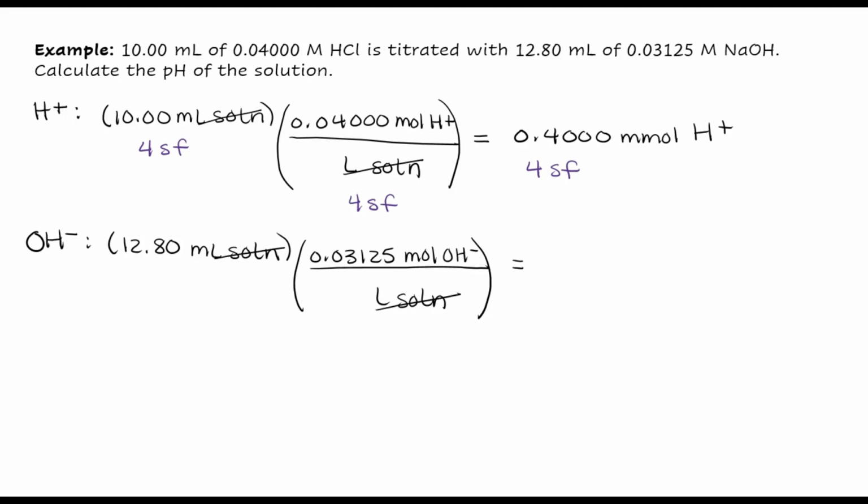Taking a look at our sig figs, we have 4 sig figs in our volume, 4 in our molarity, so this calculation will also be rounded to 4 sig figs. Doing the calculation, 12.80 times 0.03125 out to 4 sig figs gives us 0.4000 millimoles of hydroxide.